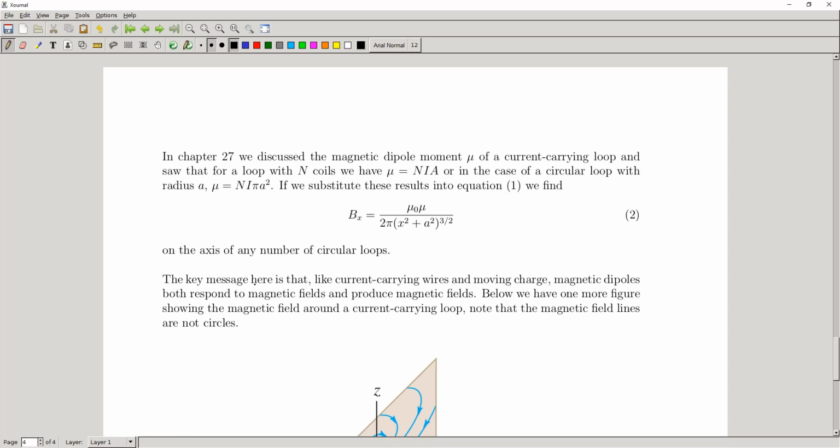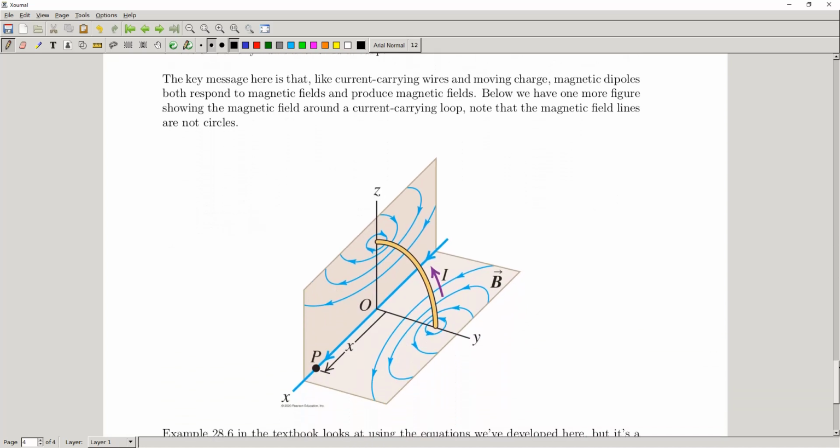So just like a current carrying wire or a moving charge, it produces a magnetic field, and it is affected by a magnetic field if you place it in one, okay? So that's a key takeaway from this. Anything that's producing a magnetic field for us that we've looked at so far is also affected by a magnetic field, and vice versa, okay?